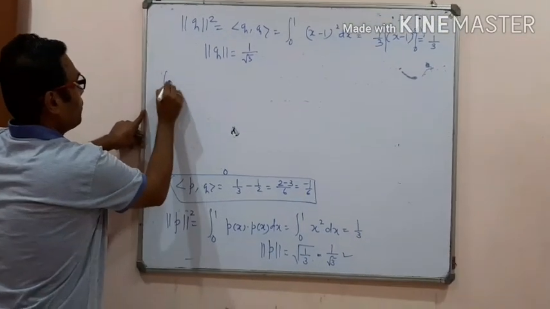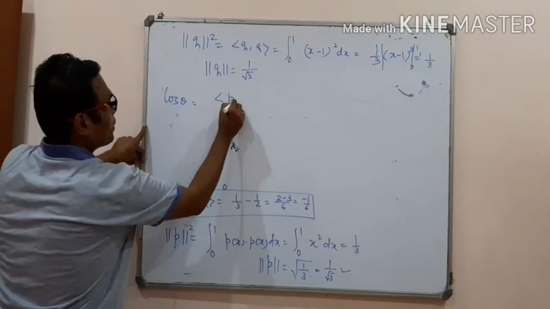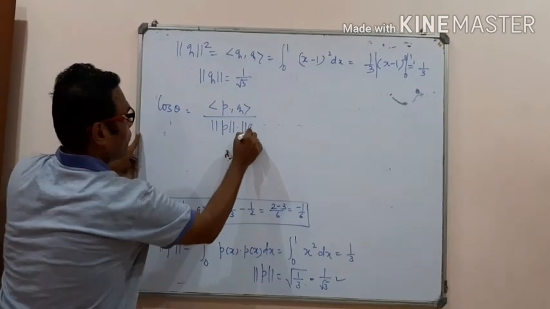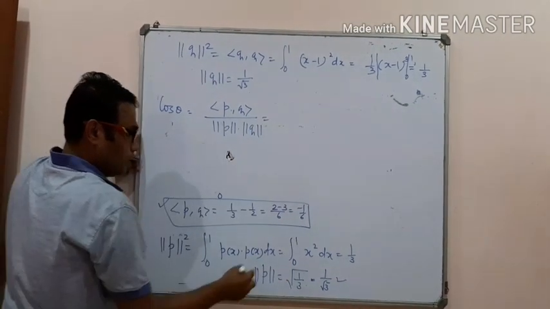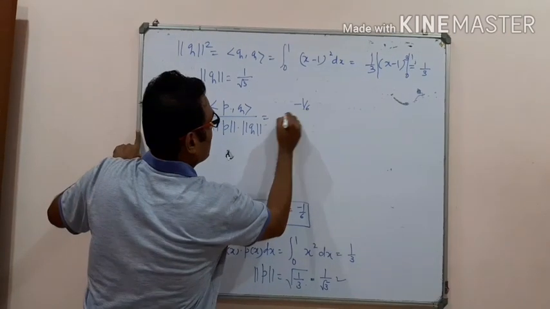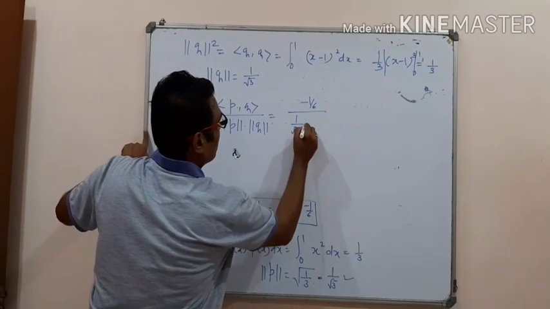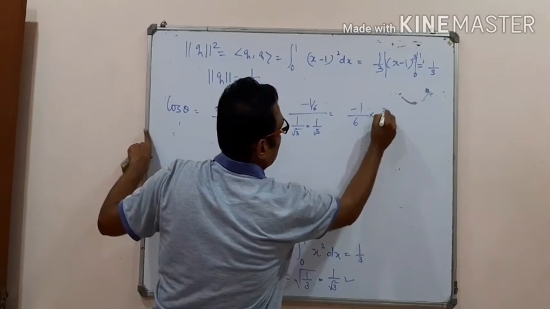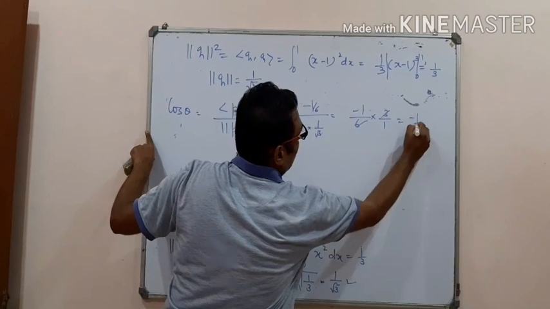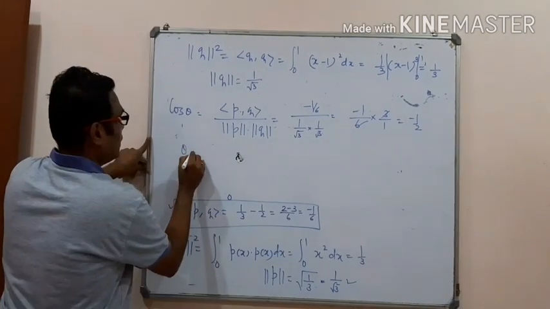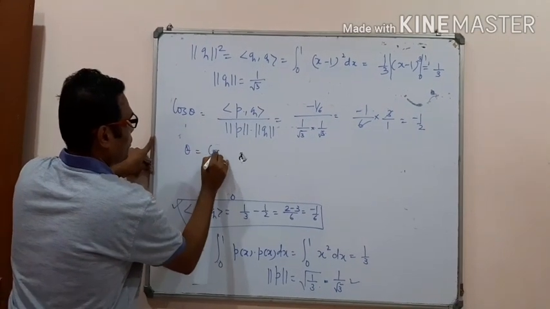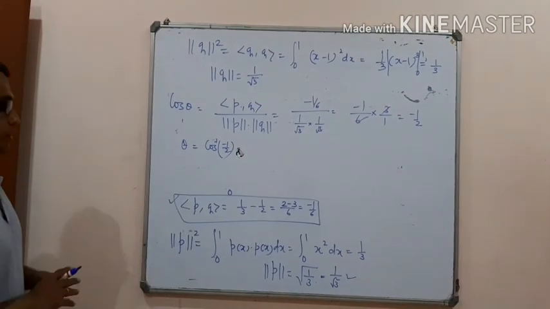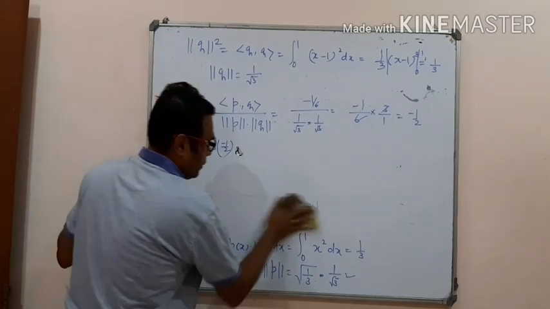According to the formula, cos theta is equal to the inner product of p comma q divided by norm of p, norm of q, that is equal to minus 1 by 6 over 1 by root 3 over 1 by root 3, that is equal to minus 1 by 6 into 3 by 1, that is minus half. So theta becomes cos inverse of minus half. Okay, this is the second example.